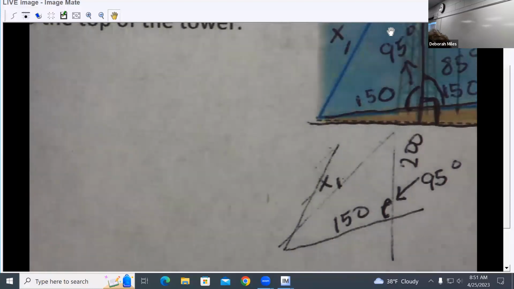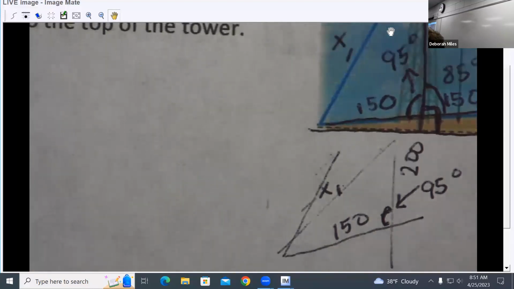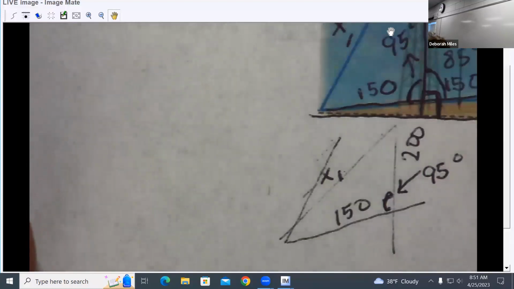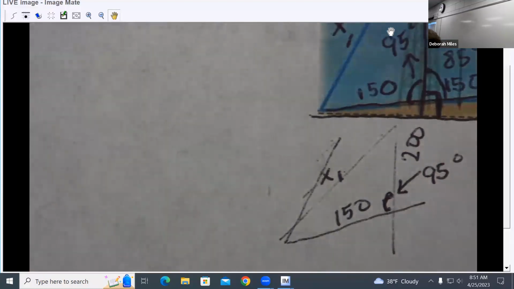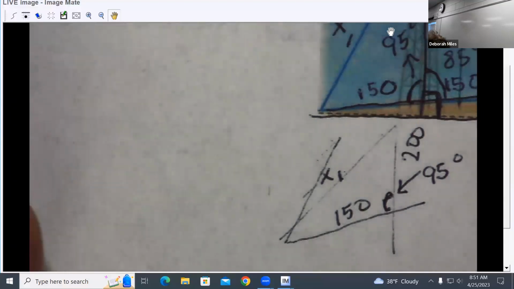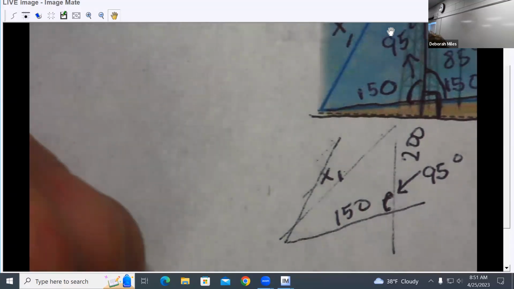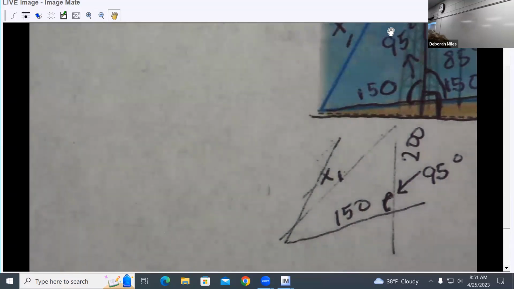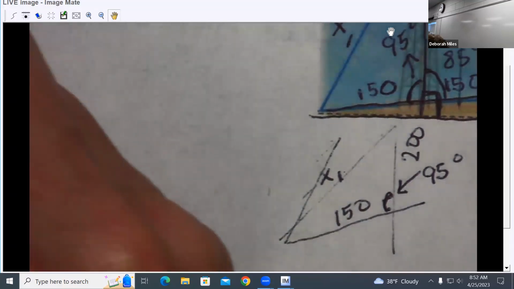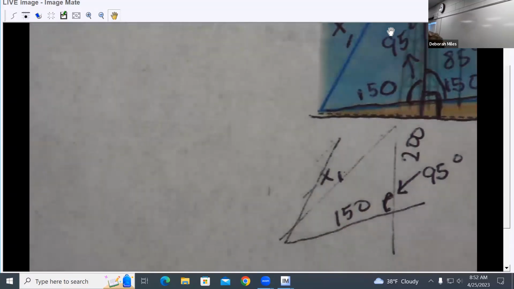So if I want to find X1 by the law of cosines, I would need to say X1 squared equals blah, blah, blah, or I could go ahead and take the square root of both sides. X1 equals the square root of 150 squared plus 200 squared, plus the product of the other two sides times cosine of the angle between them.